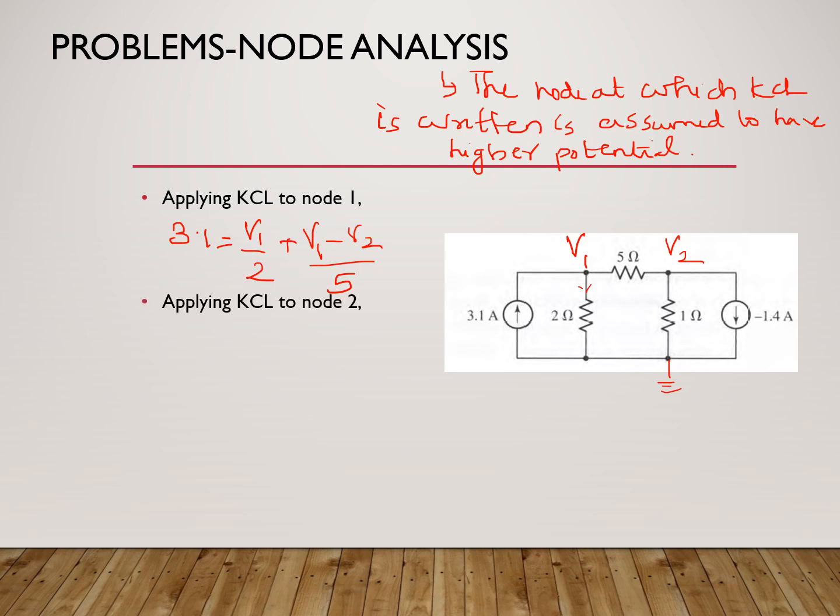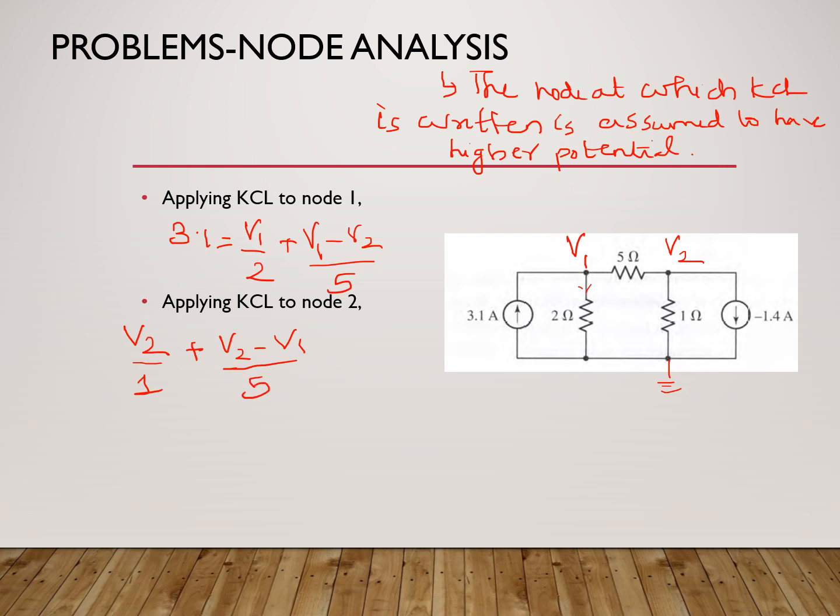Similarly, we write KCL at node 2. At node 2, we again have 3 branches. The current through the 1 ohm resistance is V2 divided by 1, plus, since V2 is assumed to be greater than V1, (V2 minus V1) divided by 5.